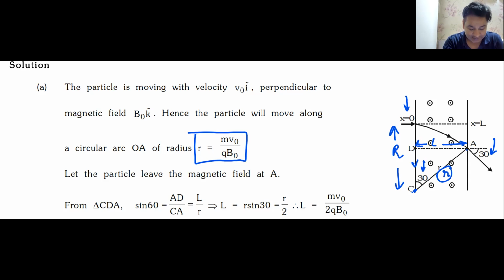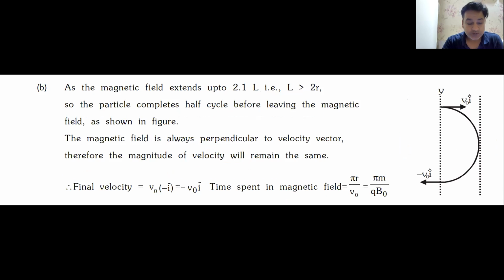And in the second case, when L becomes 2.1 times, L becomes greater than 2R, so the particle will move in a complete semicircle and it will come out after spending half of the time period.